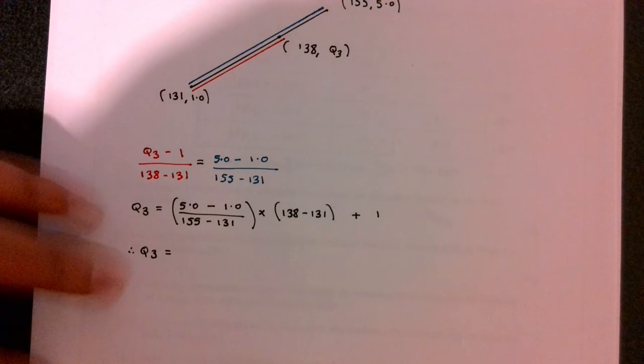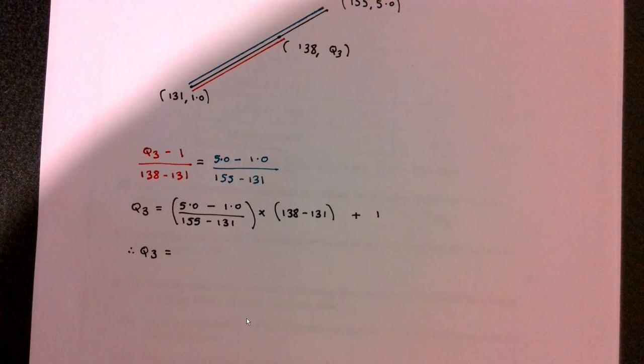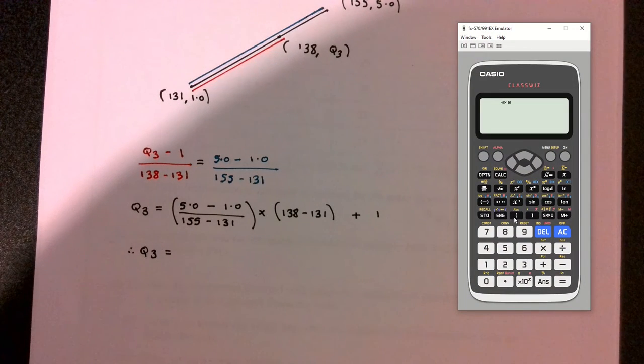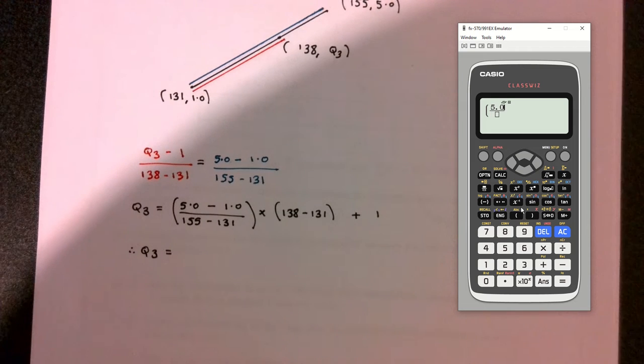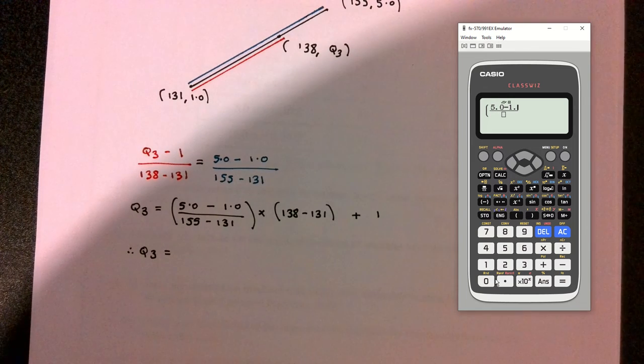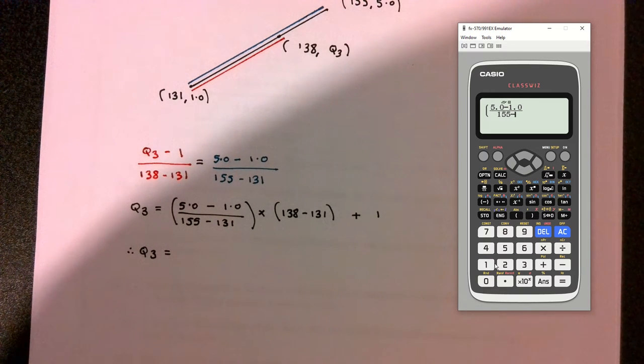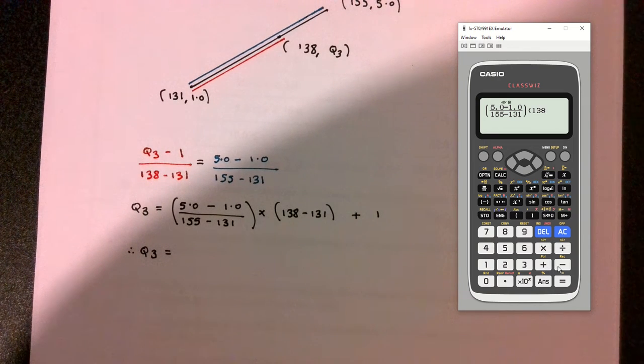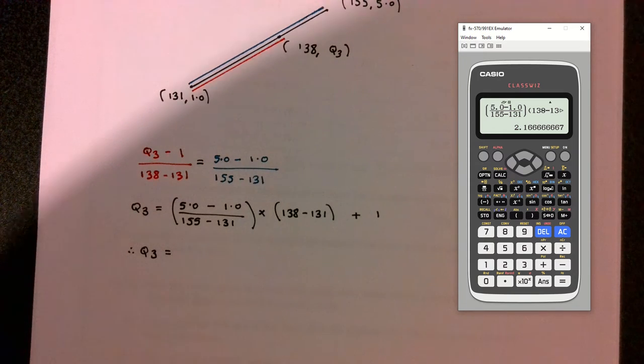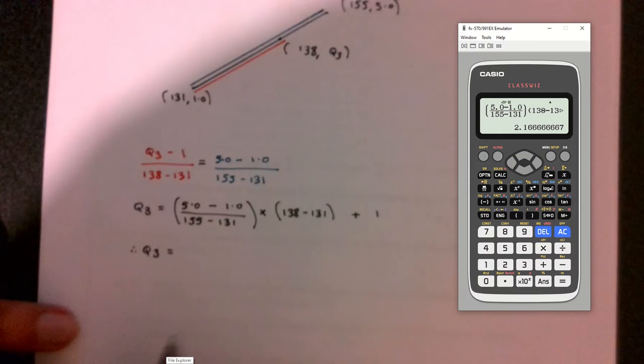which is our upper quartile, if we grab our calculator, we have 5.0 take away 1.0 over 155 take away 131, and then close this bracket, and then we multiply this by 138 minus 131, close bracket, then we add a value of 1, we get 13 over 6, which is 2.17 to three significant figures.